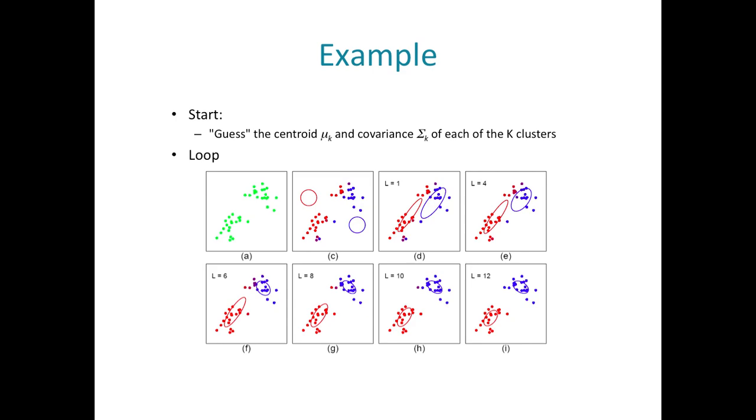Then in the expectation step, we compute the probability of the points being part of one of these two clusters, and then we assign them.